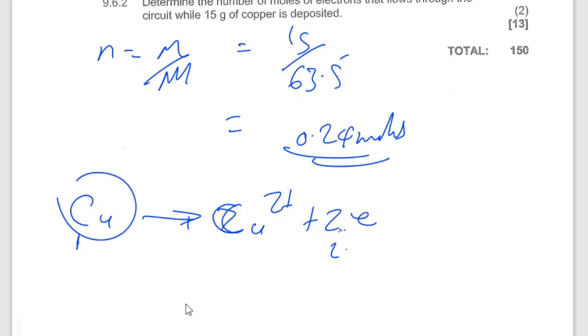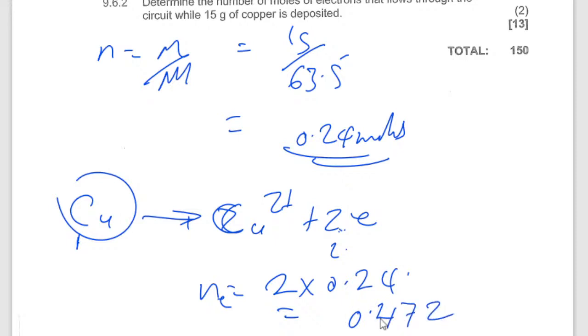Therefore, the number of moles of electrons is going to be equal to 2 times 0.24. Why? Because 1 mole of copper gives 2 moles of what? Of electrons. Yes. And then you get the answer as 0.472. Boom. You get all the marks.